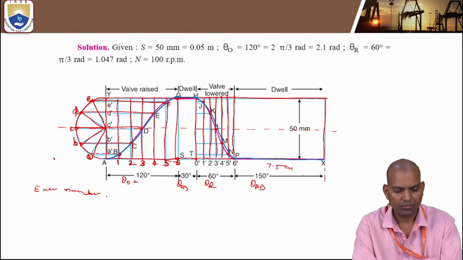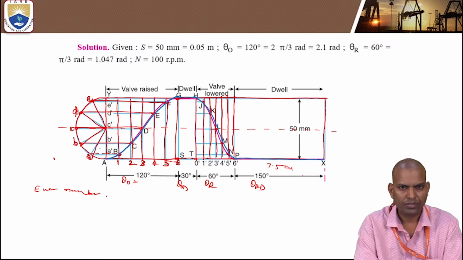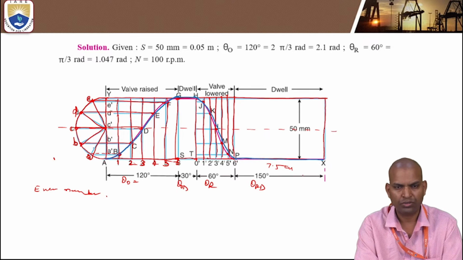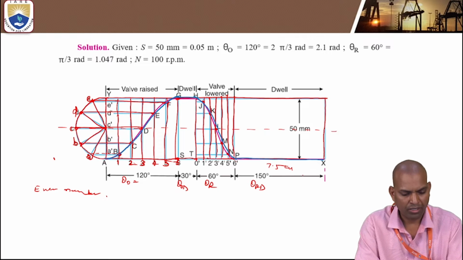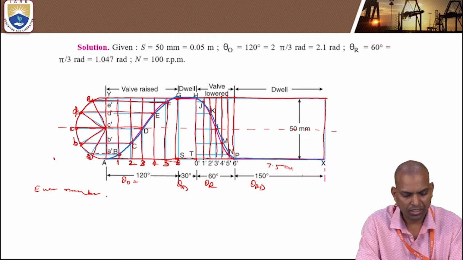Then divide one side of the outstroke portion, that is a straight line, into a semicircle. Then the semicircle should be divided into the same number of parts which were already divided for the outstroke and return stroke. Then join horizontal lines and draw vertical lines with the partitions.